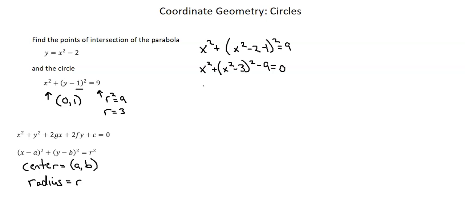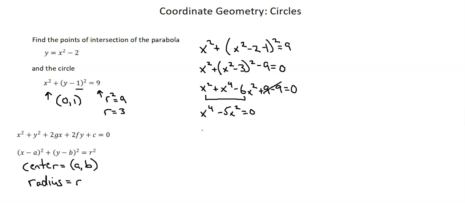When I expand, I have x squared plus, now the expansion, x to the power of 4 minus 6x squared plus 9 minus 9 equals 0. The 9's offset. We have 2x squareds. I'll simplify to x to the power of 4 minus 5x squared equals 0.